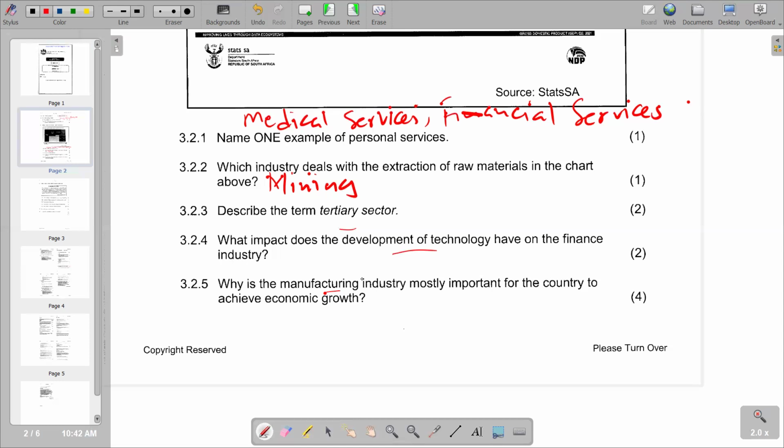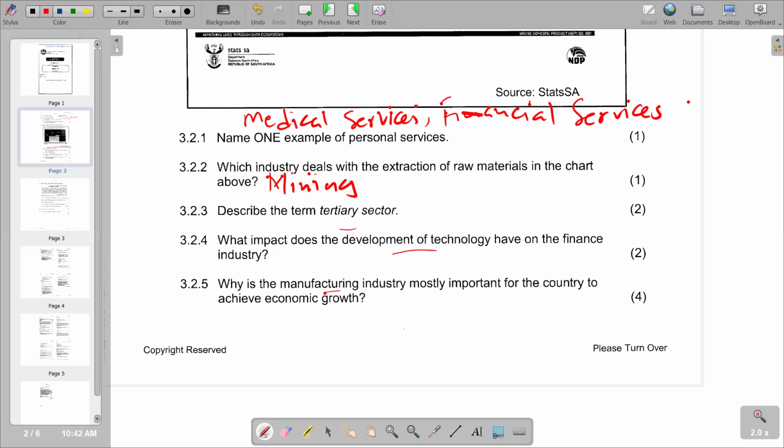If the aggregated value of goods and services being produced in the country increases from one period to the other, we say there's economic growth. So manufacturing, obviously, is where we measure those goods being manufactured. So it is very important for the determination of economic growth.